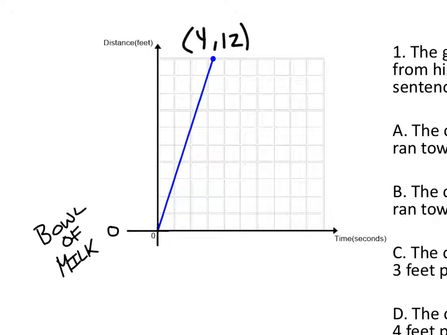But also, this is 0 for 0 seconds. Now that 0 would represent how far the cat was in the beginning, right? Because we do have that point on this line right here, which is 0, 0. That's the origin. So that 0 represents 0 seconds, which means at 0 seconds, the cat was at the bowl of milk.